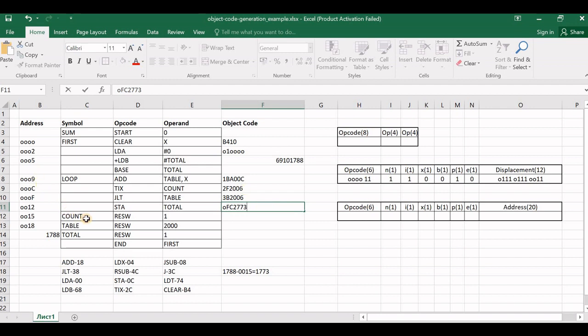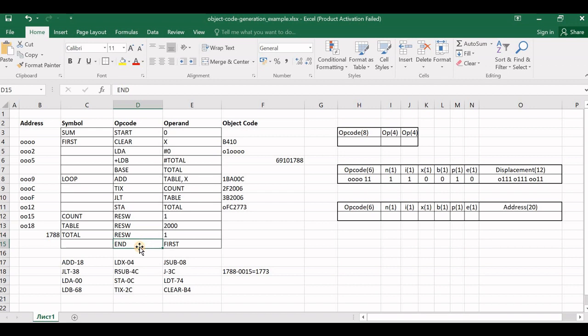So coming to the next instruction. The next instruction is a reserved word instruction. Reserved word instructions are all assembler directives. You need not find out the object code for these instructions. The next three instructions are all reserved word instructions, which are assembler directives used to reserve the memory locations.